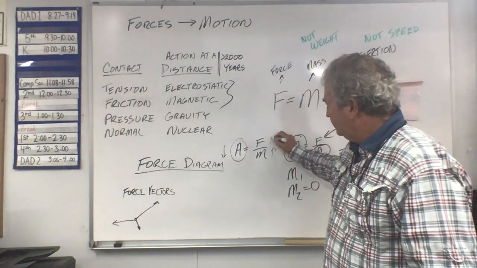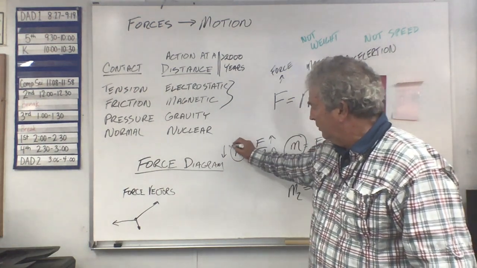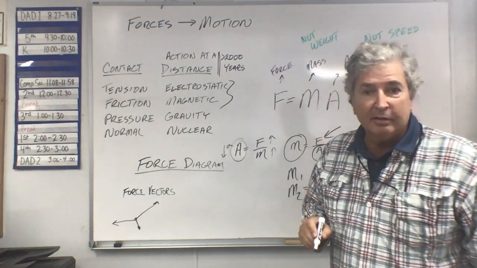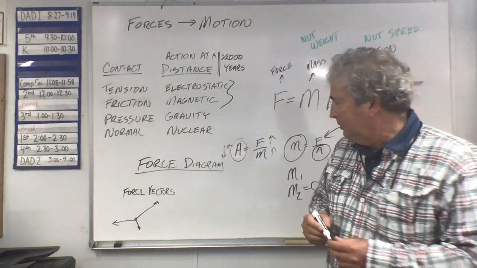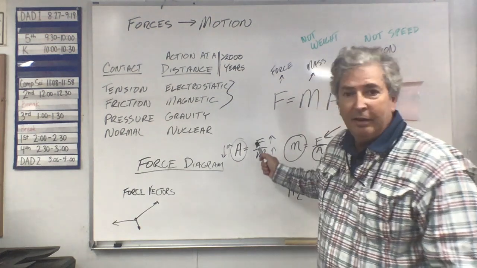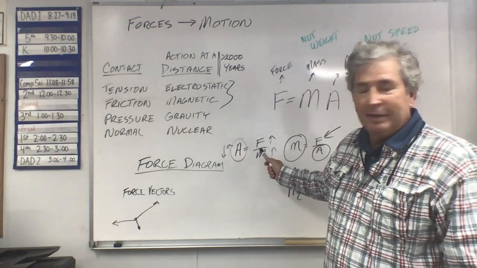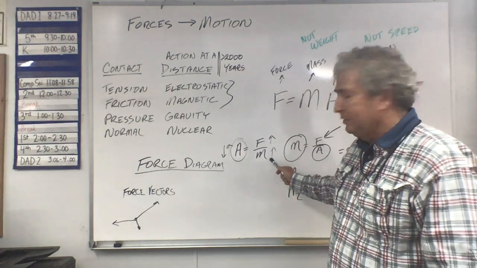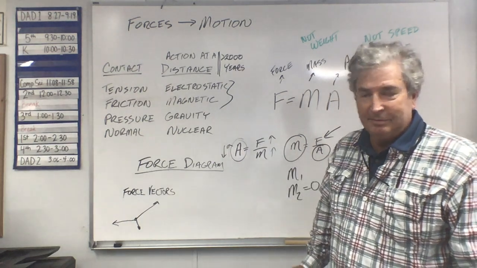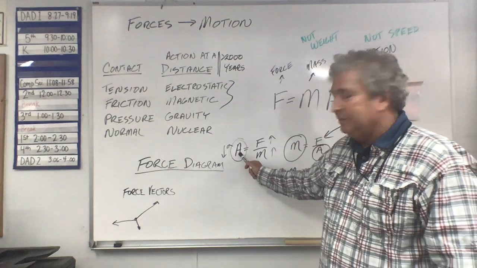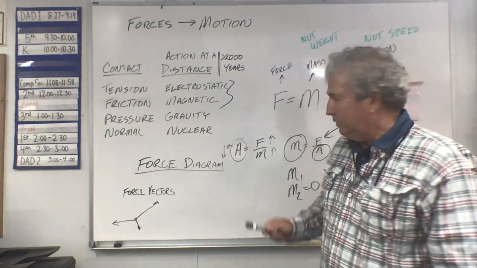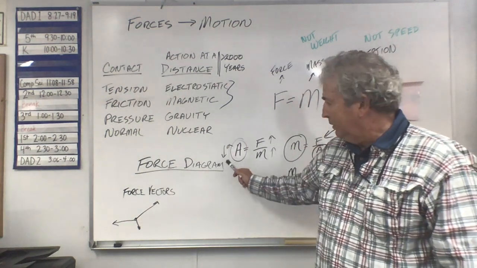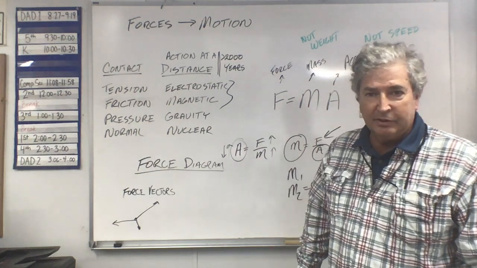If the force is greater, then the acceleration will go up. This is why people try to keep building cars with more powerful motors that weigh less. Less mass increases acceleration. More force increases acceleration.